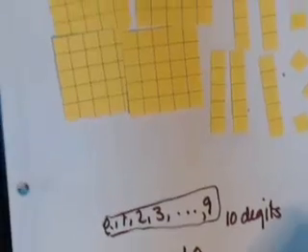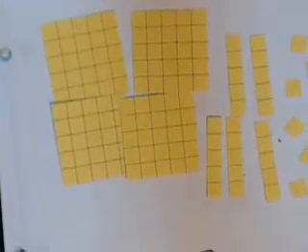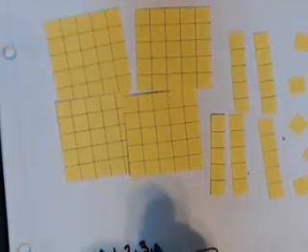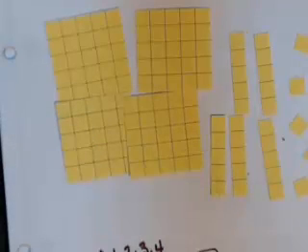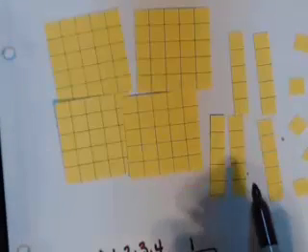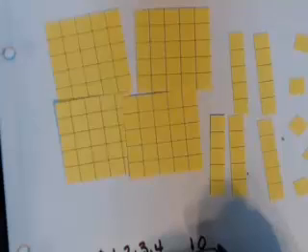All right, in the base 5 numeration system, there are 5 digits: 0, 1, 2, 3, and 4. There is no 5 in base 5. If we want to write 5, we have to use place value, because 5's place is the second place over.